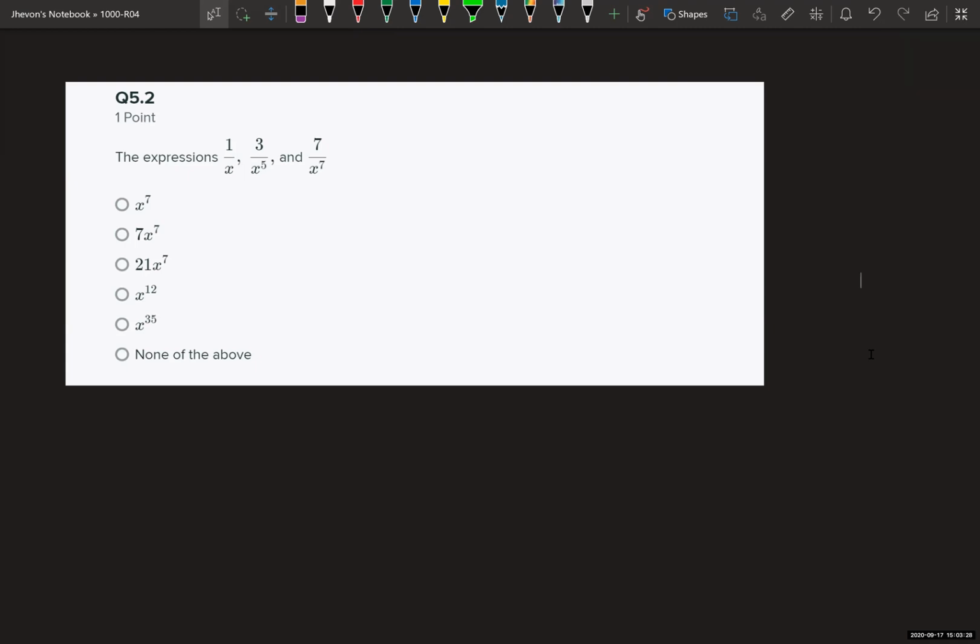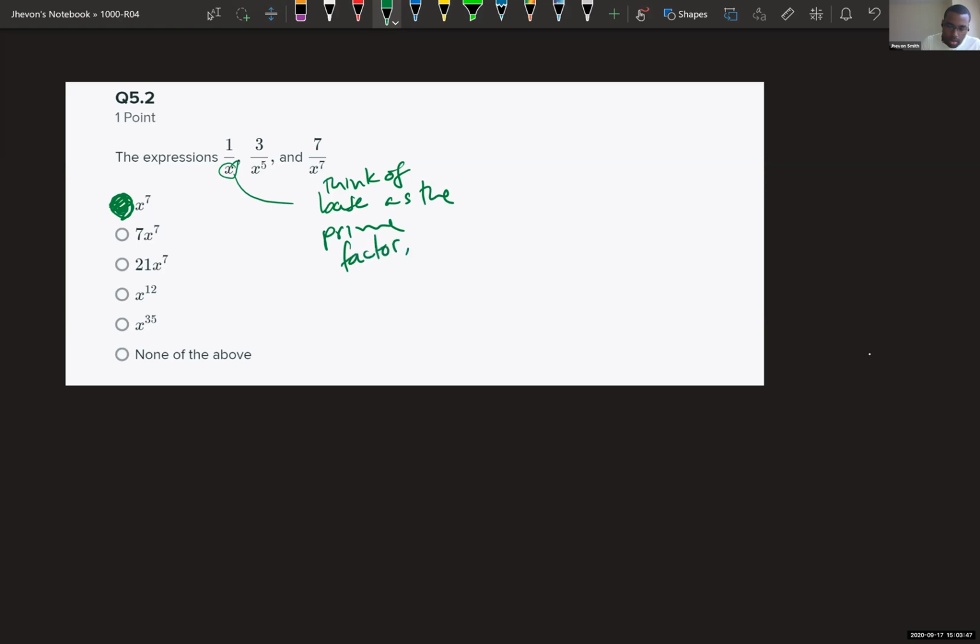X to the seventh. You just pick the one with the highest power because of the same principle before. Think of the base as the prime factor. Pick the largest power, because that's the rule.